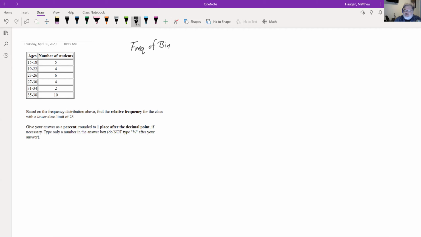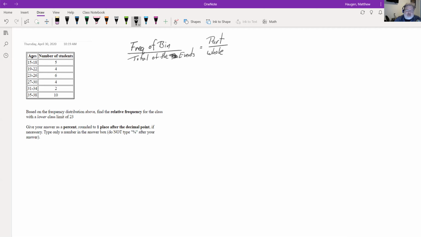The frequency of that bin in ratio to the total of the data, the total of the events. Basically, the part we're talking about over the whole.